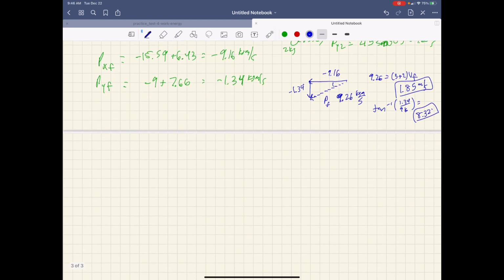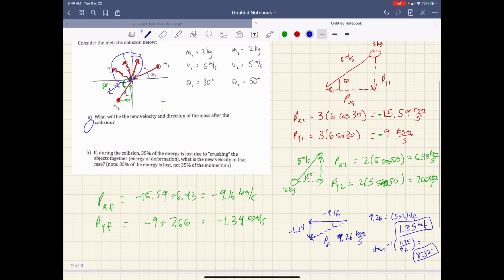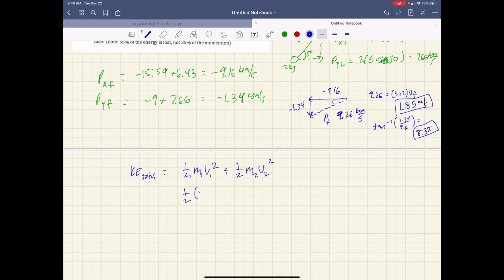So KE total is going to be 1/2 m1 v1 squared plus 1/2 m2 v2 squared. 1/2 m1 was given as 3 and its velocity was 6. M2's mass is 2, its velocity I think was 5.